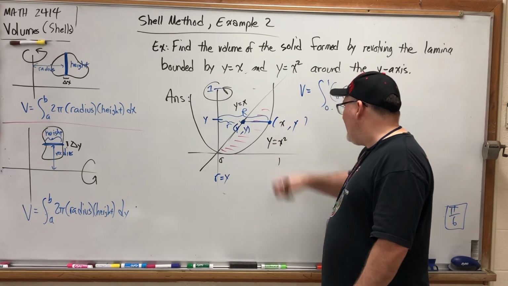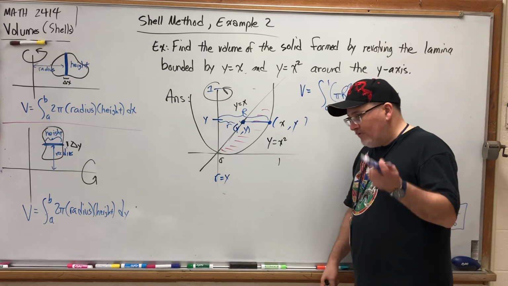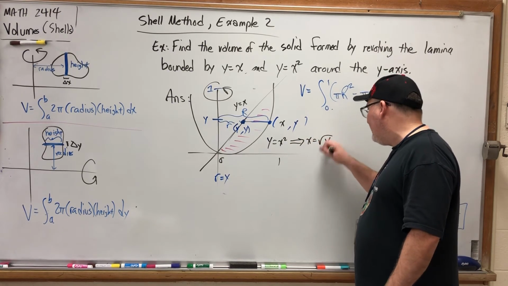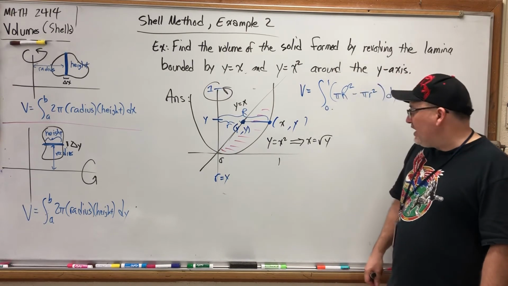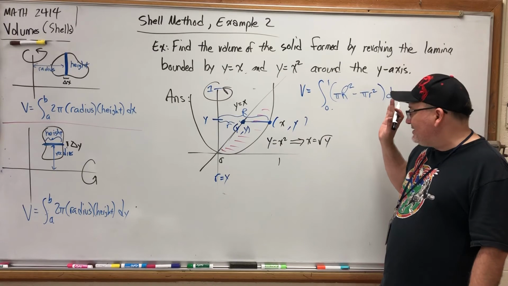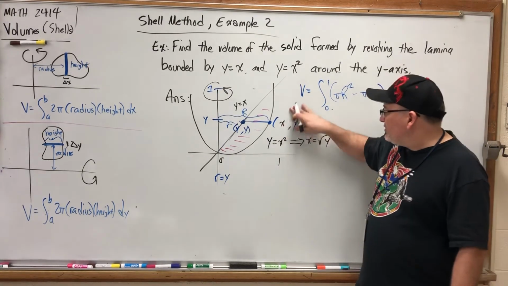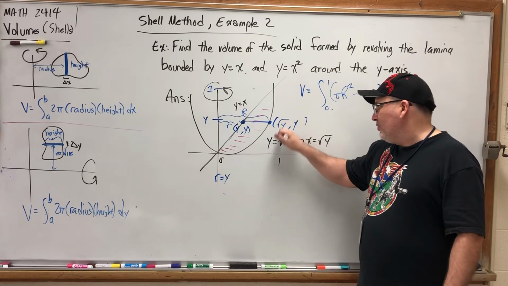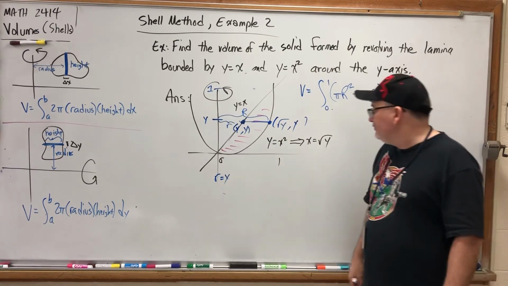But I need to know what the x coordinate is in terms of y. I would have to solve this and get x equals the square root of y. Technically, x equals plus or minus the square root of y, but since we're on the right side of the y-axis, the x's are positive. So on this point, whose y-coordinate is y, the x-coordinate would have to be the square root of y.